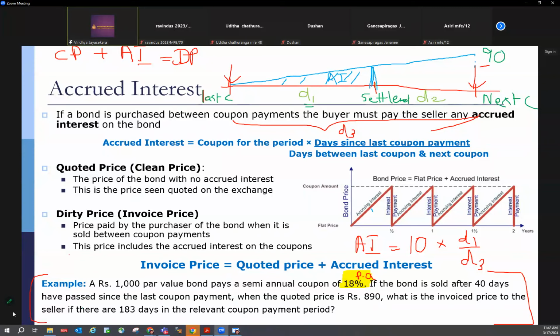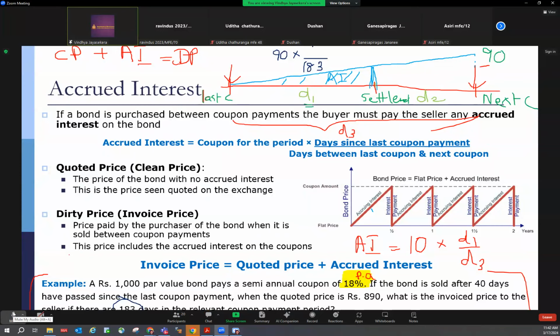So what will I do? 90 rupees is for the entire period. 90 rupees divided by 183 days will give me the interest that belongs to me per day.